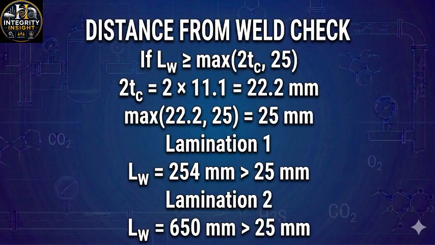Lamination 2 is located 650 mm from the nearest weld, also comfortably satisfying the requirement. Since both laminations are located significantly farther from the weld than the minimum required distance, weld interaction is not a concern. Therefore, both defects satisfy the weld proximity screening requirements of API 579 Part 13 Level 1.